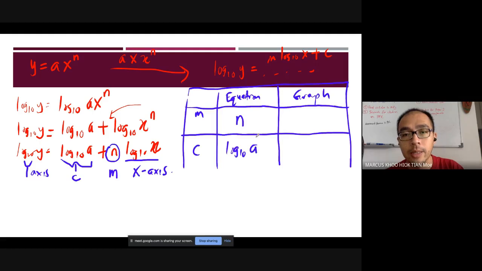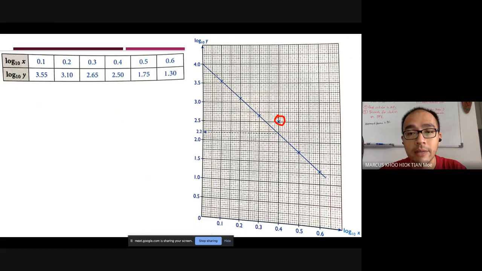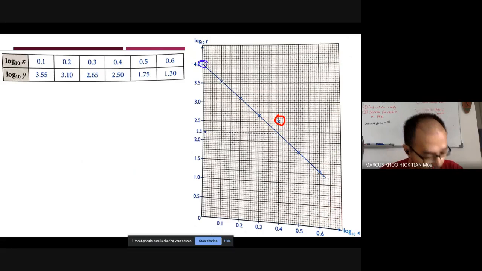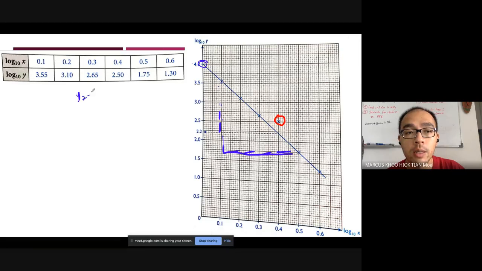Now let's refer to the graph. From the graph, we notice that the value of c, the y-intercept, is 4.0. And the gradient, macam biasa lah. We use 2 points, and then we use y2 minus y1 over x2 minus x1.